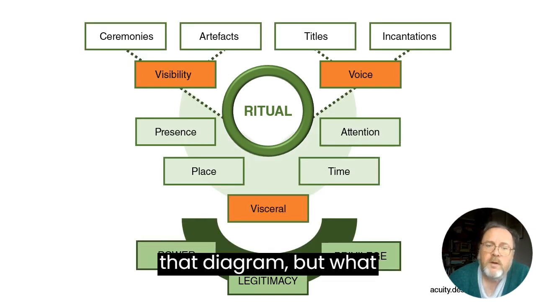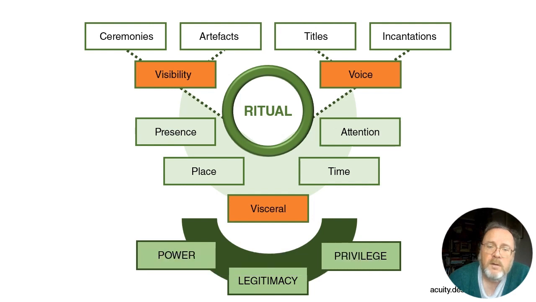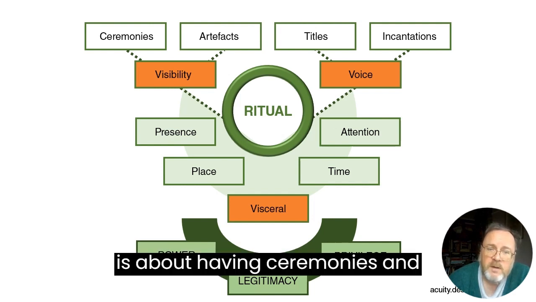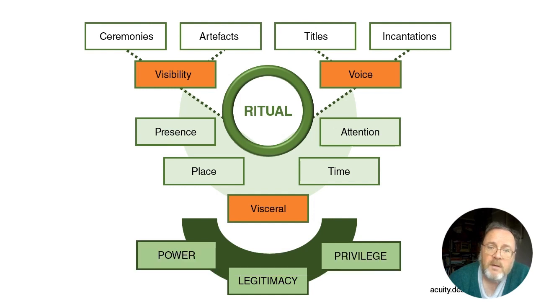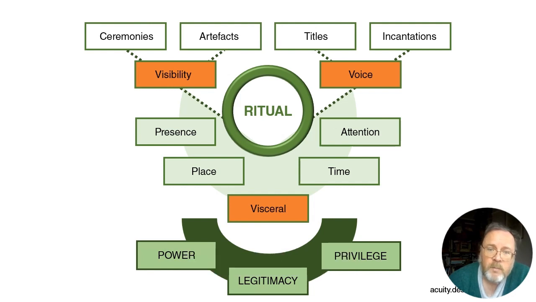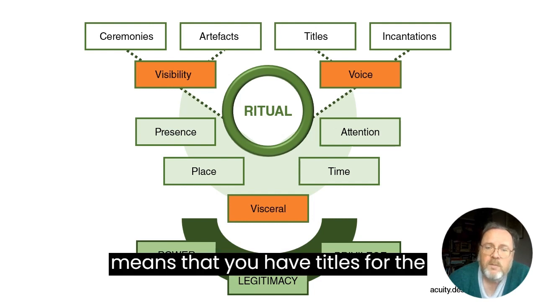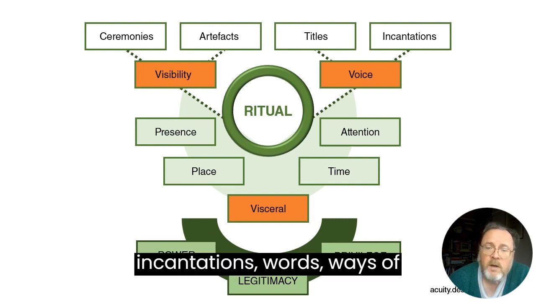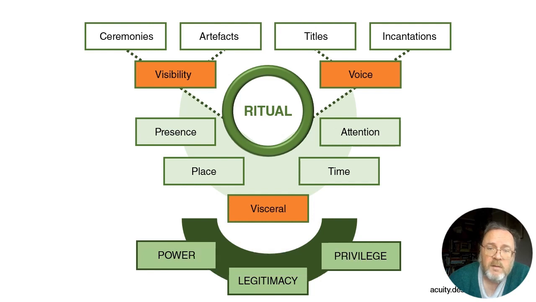This is a more complicated version of that diagram, but what you're seeing here is that visibility is about having ceremonies and artifacts, things and places, and a sense of presence. And that voice means that you have titles for people, for activities, and incantations, words, ways of speaking.